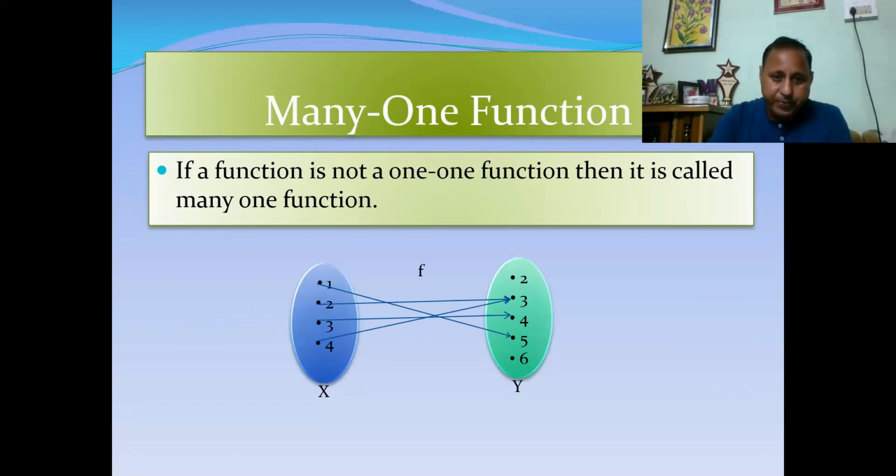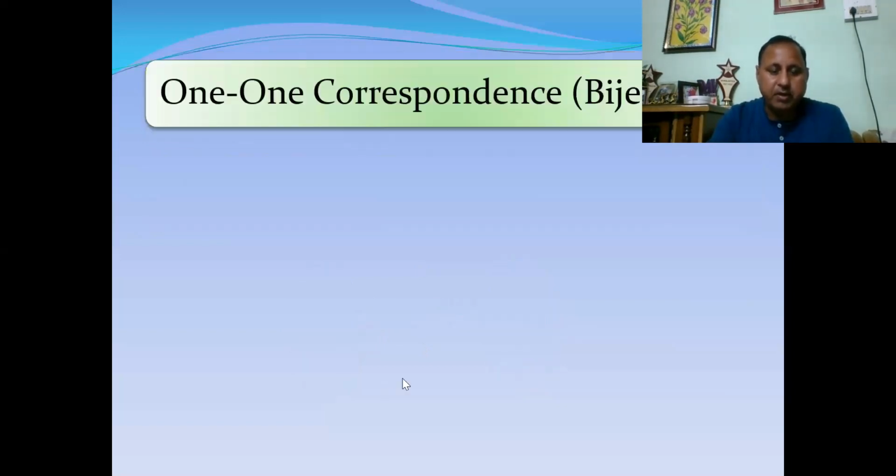What happened? Observe, 2 and 4 have the same image, that is 3. Both 2 and 4 are associated with 3. It means many-one, because this is not one-one. If it is not one-one, then it means your function is many-one.